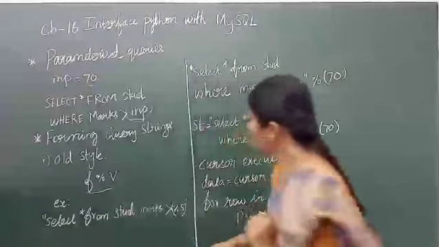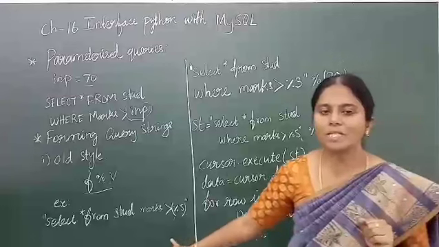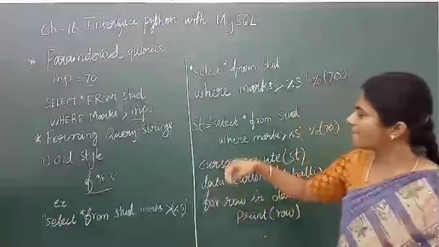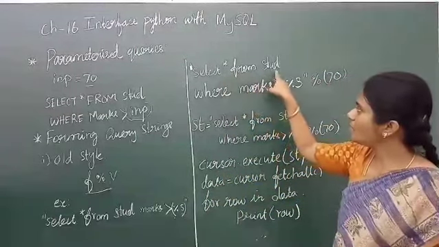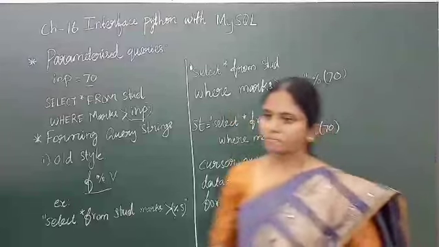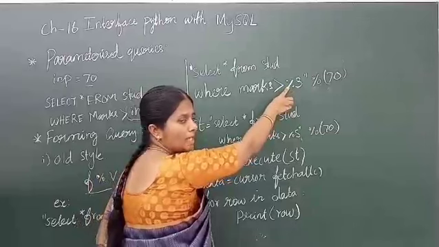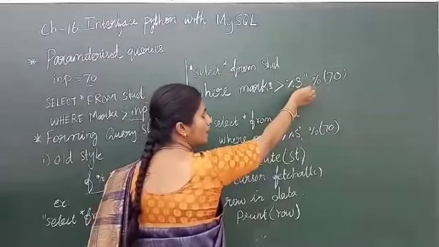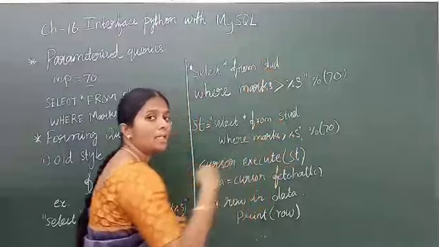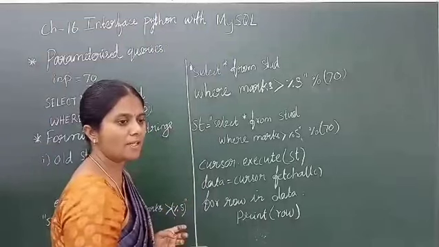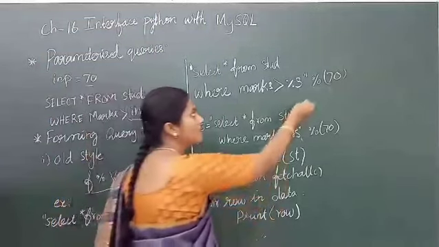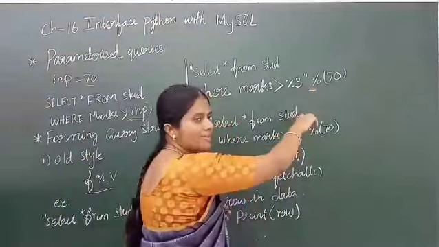How will you add the values to this older string? Select star from student where marks greater than modulus operator percentage s, enclosed with quotes. Then you have to specify the values after this modulus operator.